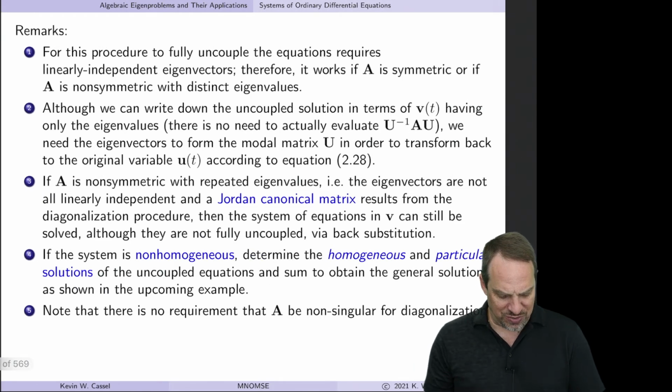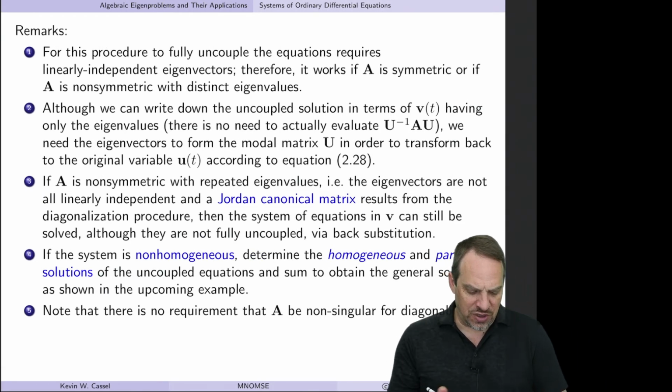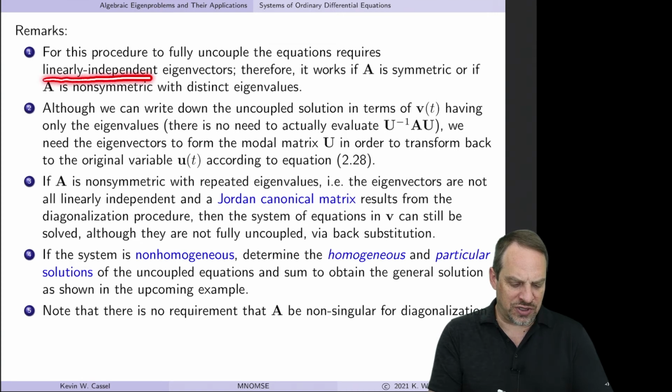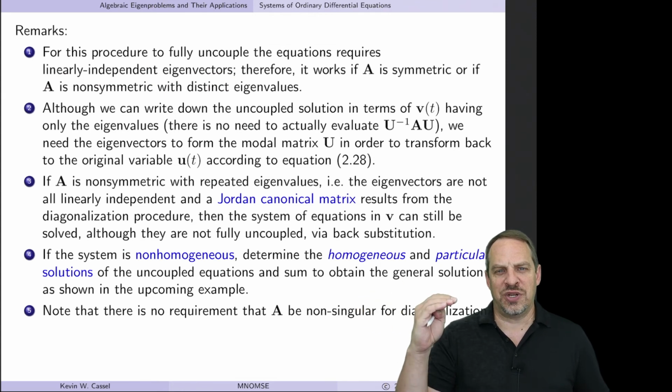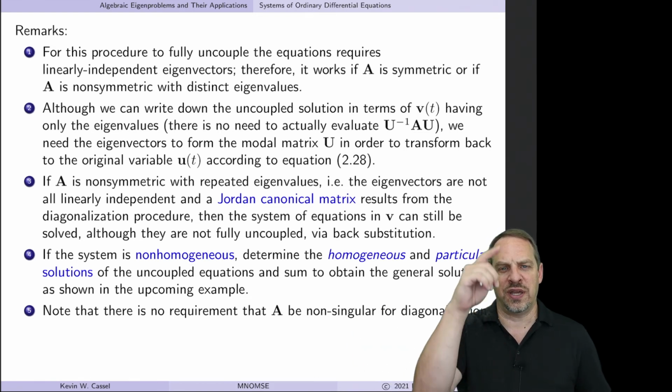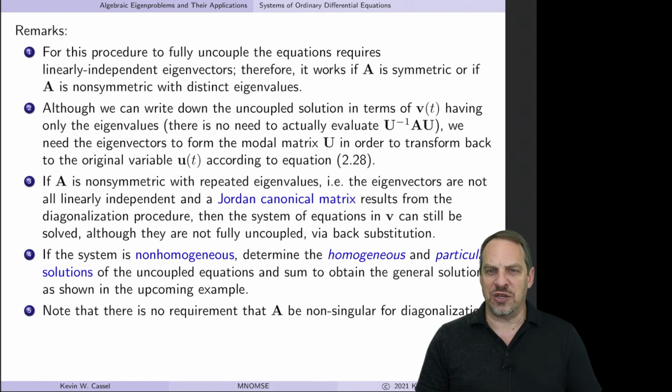So some remarks about this process. For it to work, in other words, for it to fully uncouple the system of equations, I need to have a full complement of linearly independent regular eigenvectors. So it works for A symmetric, and A non-symmetric with distinct eigenvalues. Again, it's this fourth case, non-symmetric A with repeated eigenvalues, that I need to be careful of.